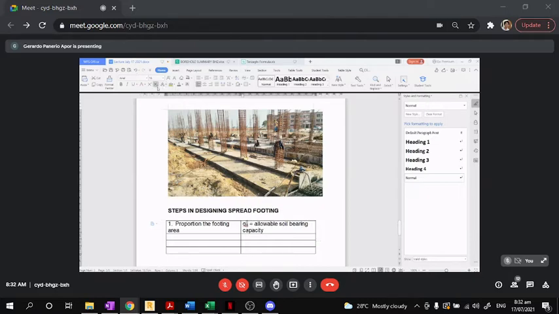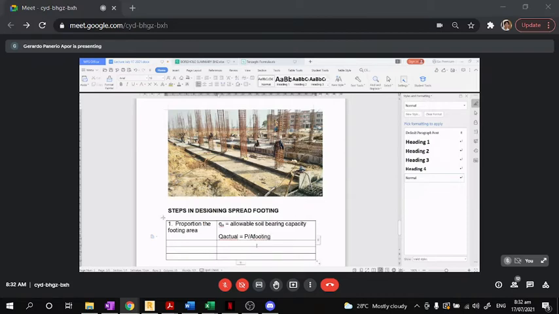Let us say Q actual is equal to P divided by A, the area of the footing.